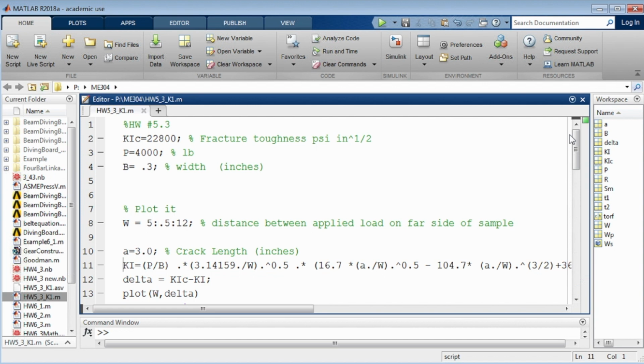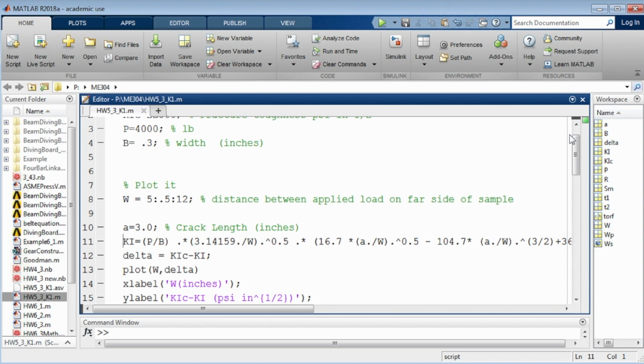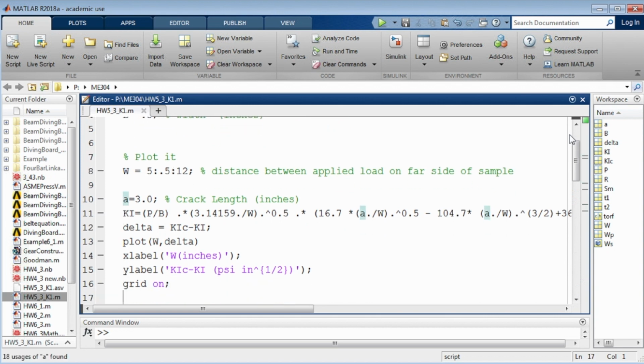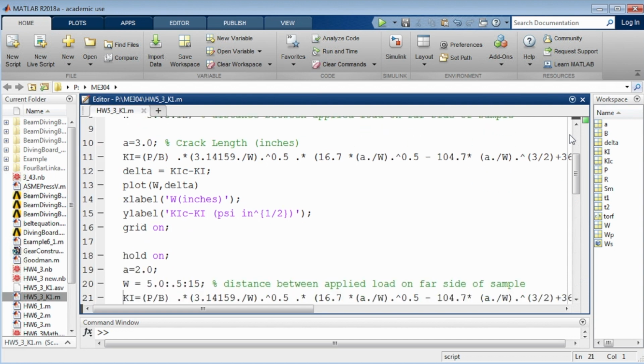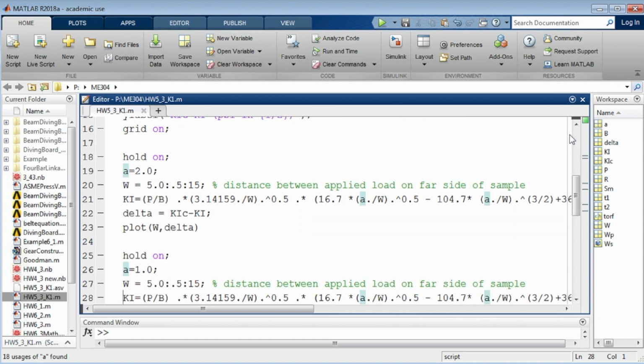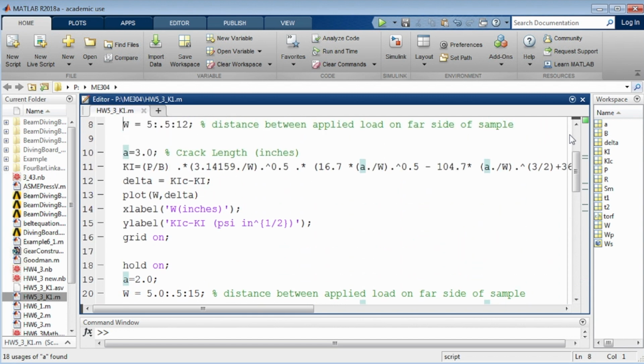And then the next parameter which I varied is the crack length. And I looked at 3 different crack lengths. A crack length of 3 inches, then 2 inches, and 1 inch. And I made a plot of each one of those.